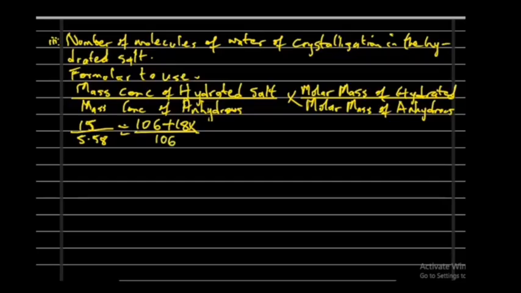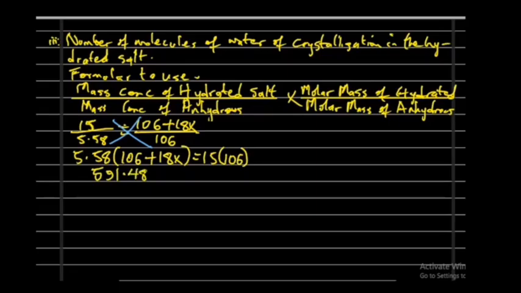And then when we cross multiply, what we'll be having there will look like this. 5.58 into bracket 106 plus 18x equals 15 into bracket 106. So when we expand this bracket here now, 5.58 into bracket 106 plus 18x, that will give us 591.48 plus 100.44x.